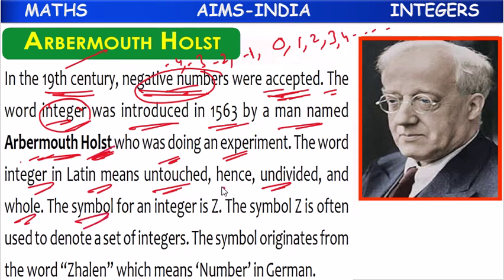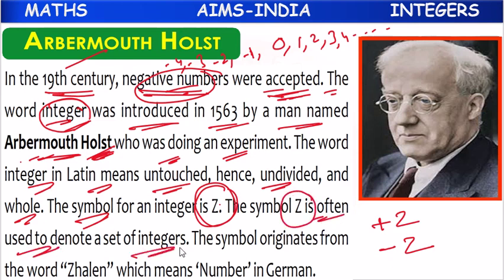The symbol for integers is Z. Positive integers are denoted with plus Z, negative integers with minus Z. The symbol Z is often used to denote the set of integers. Actually, this symbol Z originates from Zahlen, which means number in German.